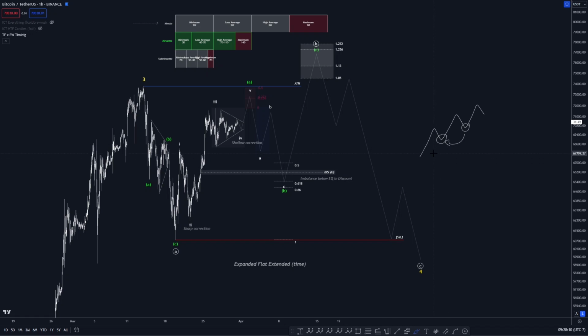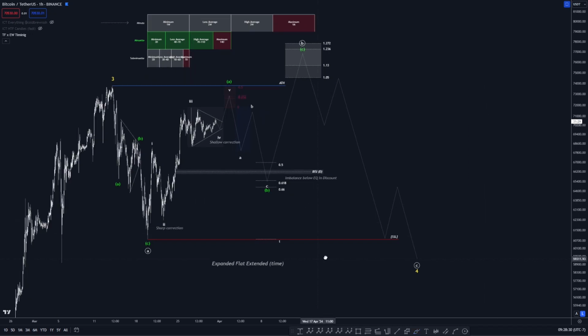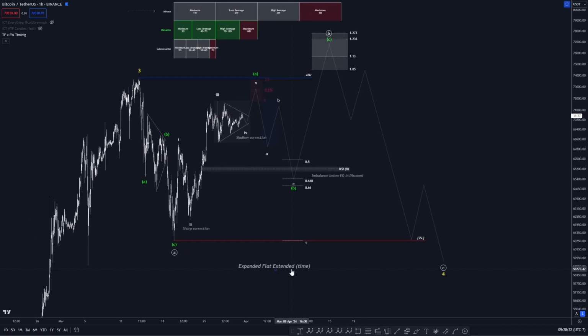Or if this one was an expanded flat, this one's likely to be an expanded flat, and this one's likely to be an expanded flat. If this is a 1-2, 1-2, 1-2 structure unfolding, or a very bullish push upwards, like a very strong parabolic push upwards, there could be a narrative for this developing right now, where all these corrections are becoming expanded flats for a super bullish 1-2, 1-2, 1-2 scenario.